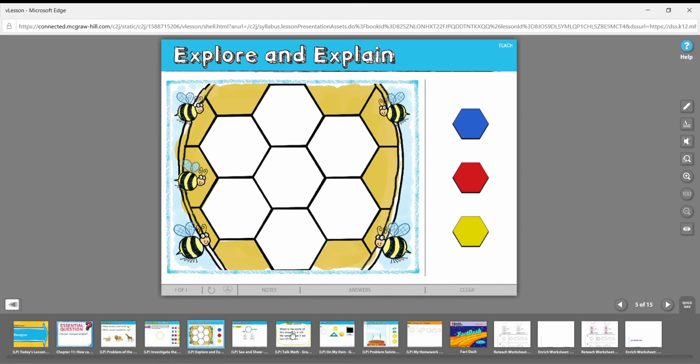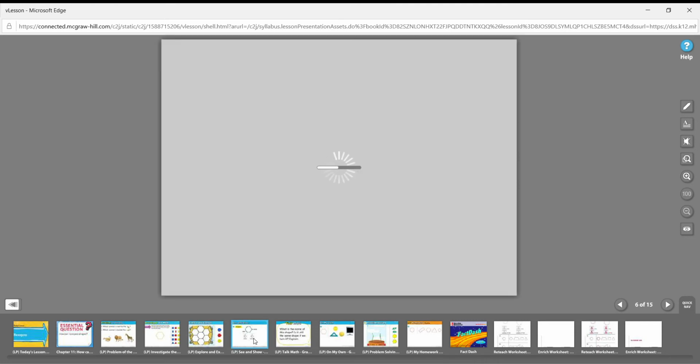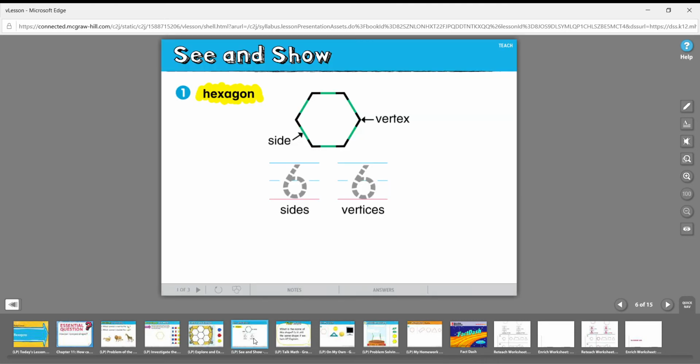Then when we go into the See and Show, for number 1 there is a very important word. The word is hexagon.